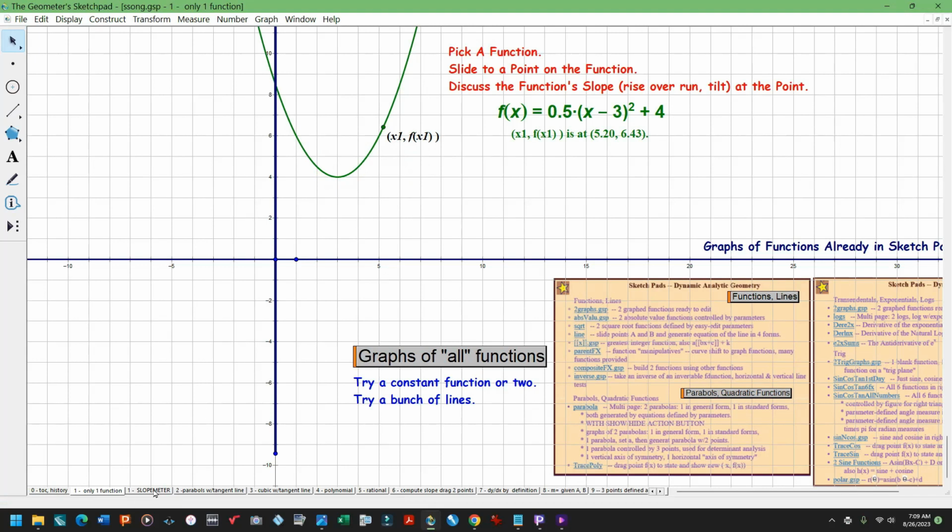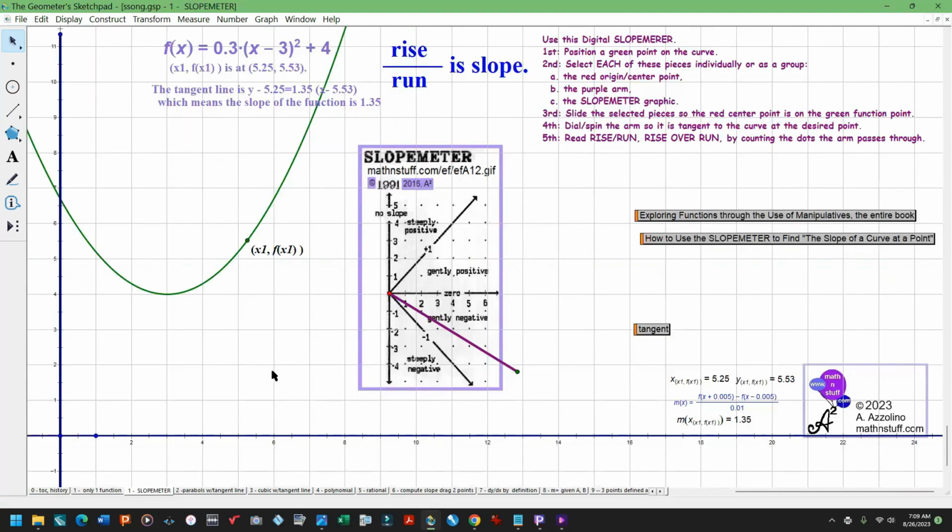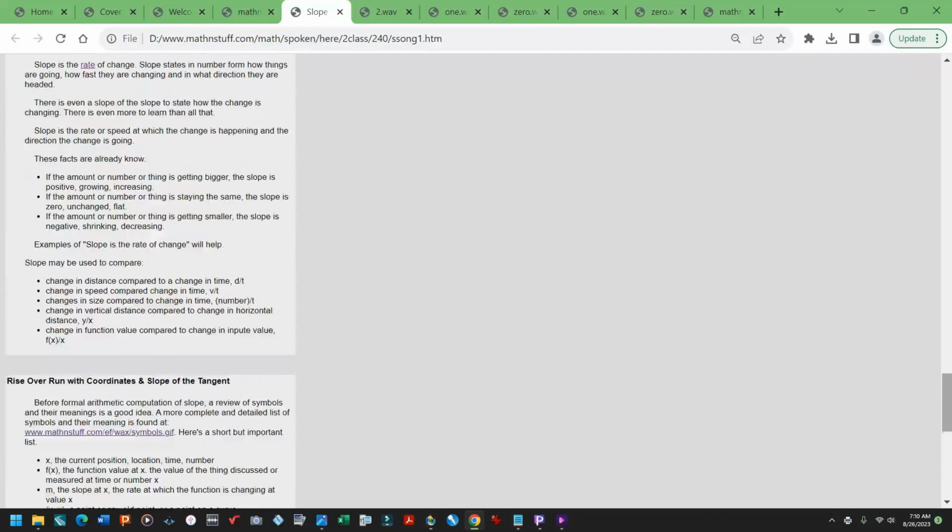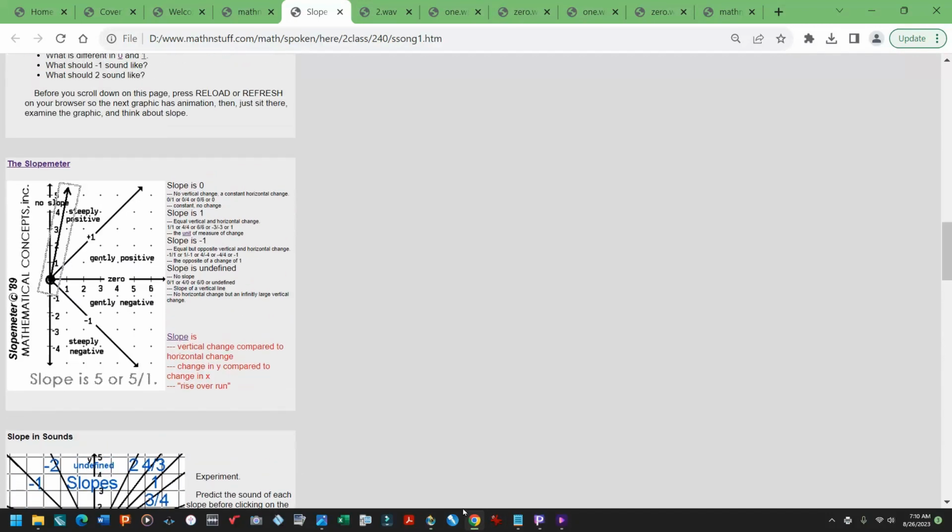If you look at the same curve, but use a tool that is made originally for use with your hands, a manipulative. There's a whole book on how to do it. There's a page in the book on how to use a slope meter. This is the same picture you used to study slope.